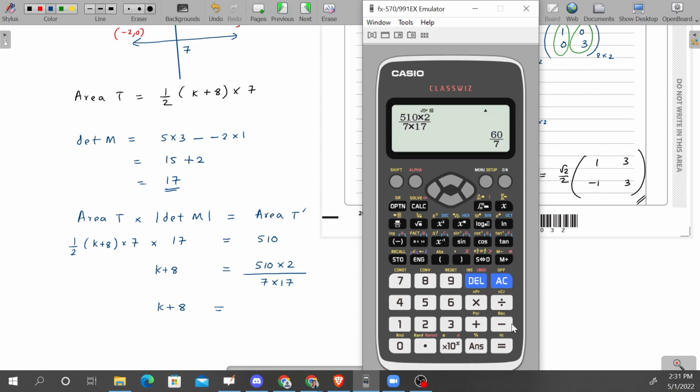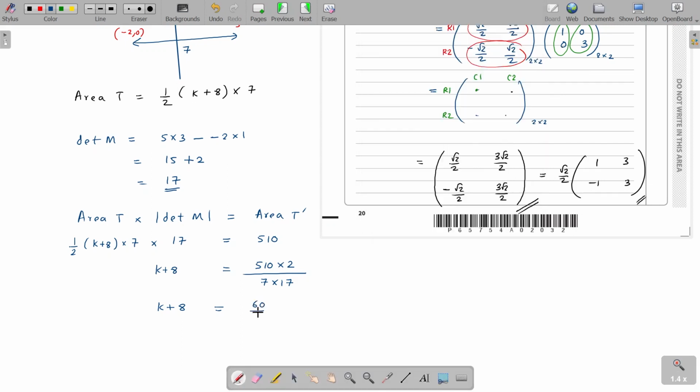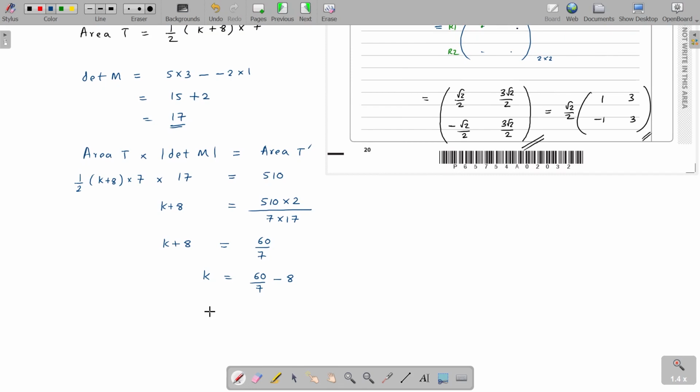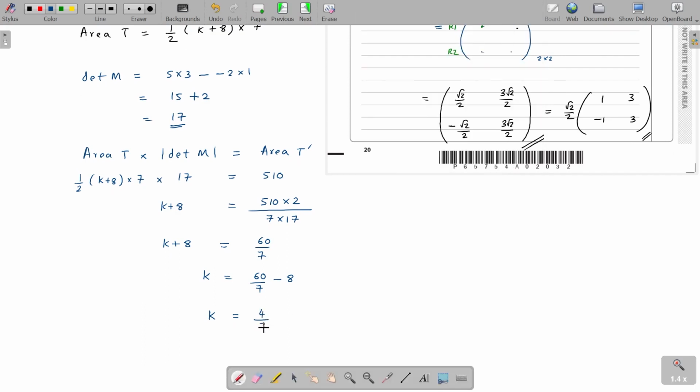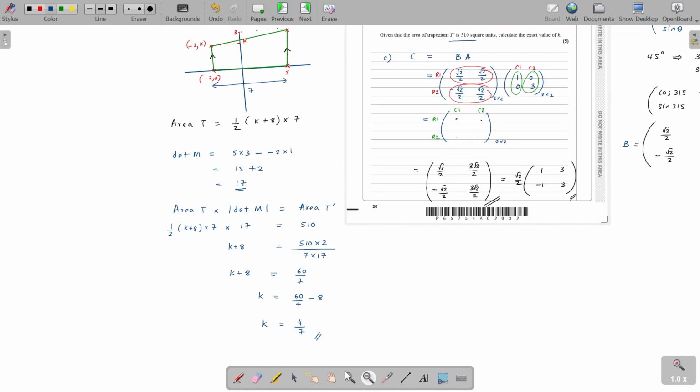Then to get k, 60 over 7 minus 8. How much is 60 over 7 minus 8? 4 over 7. So this is the value of your k. 5 marks. Can you see how it's done?